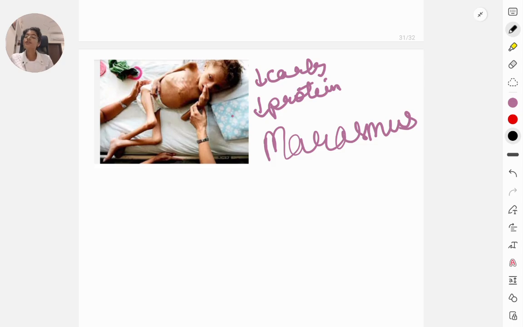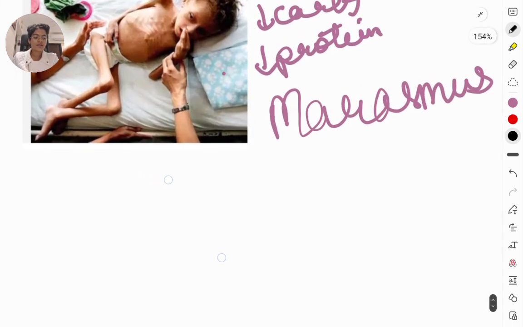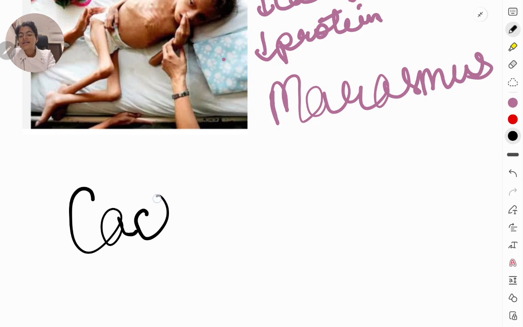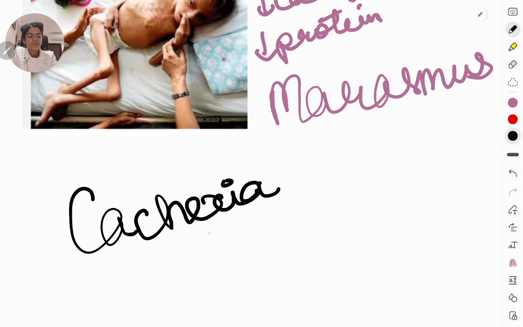So there is undernutrition seen in AIDS and cancer, and this is called cachexia. It is due to loss of body proteins, thereby hypermetabolism, increased metabolic rate, BMR increases.